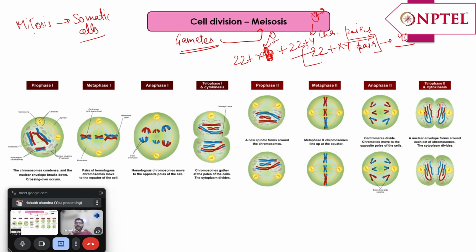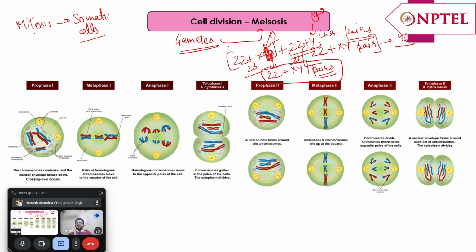After this fusion they will form 22 plus X or Y, and these are pairs. So here from this female 23 chromosomes came, from this male 23 chromosomes came. So the total of 46 chromosomes are formed. The normal chromosome number in a human cell is 46.